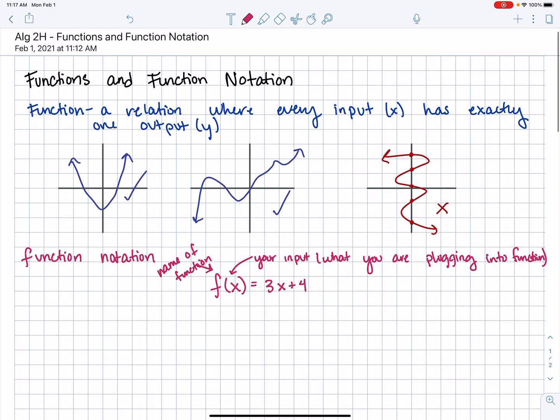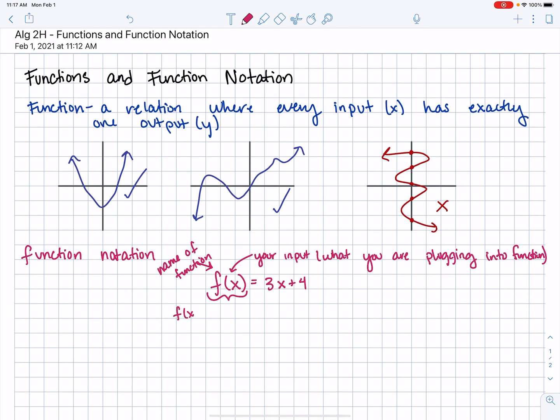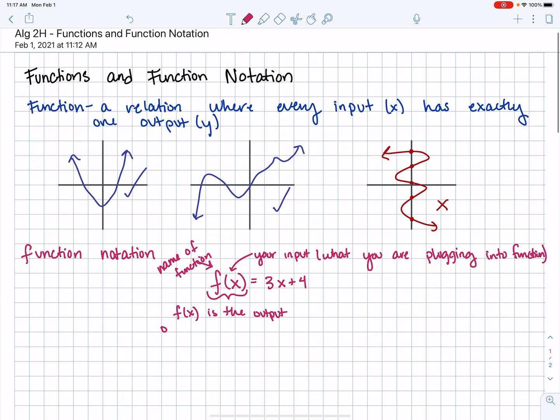Now this entire f of x, so this entire thing, is our output. All right, and remember we say this as f of x, it's the output. Now oftentimes we put this with y. So often called y. So f of x and y, they're very similar, they're very interchangeable.